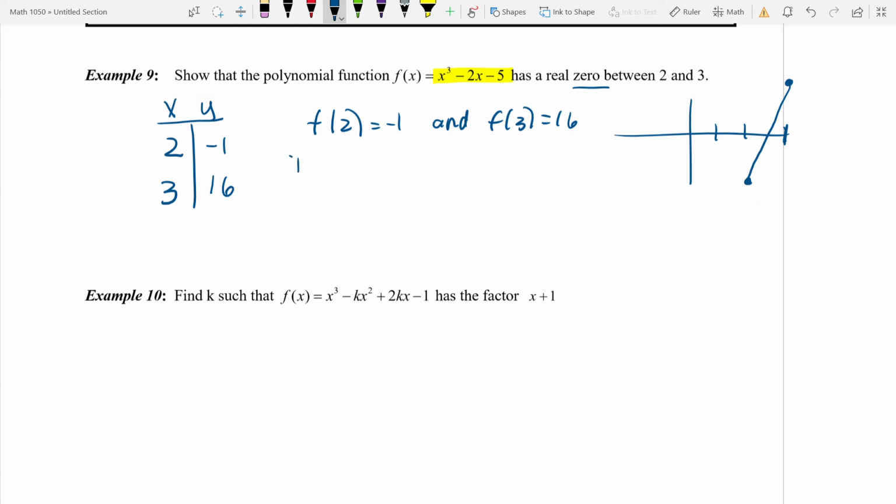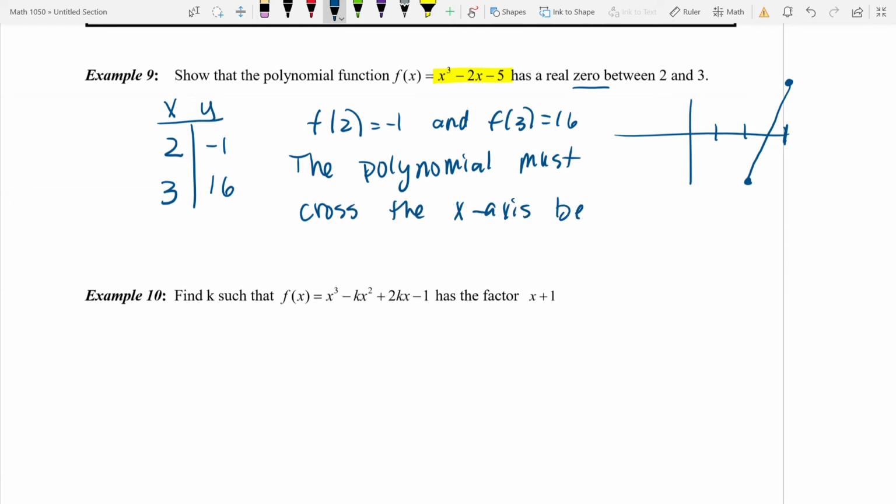I'm going to say the polynomial must cross the x-axis between x equals 2 and x equals 3.